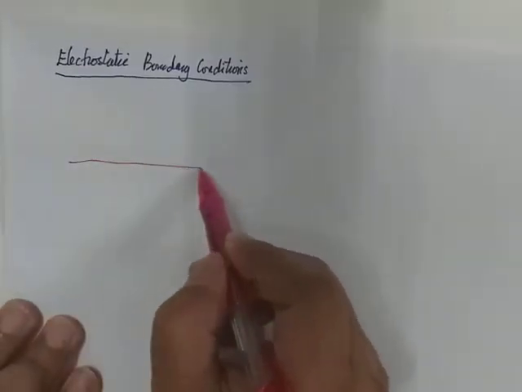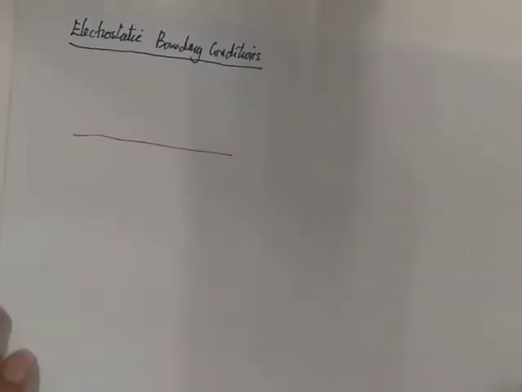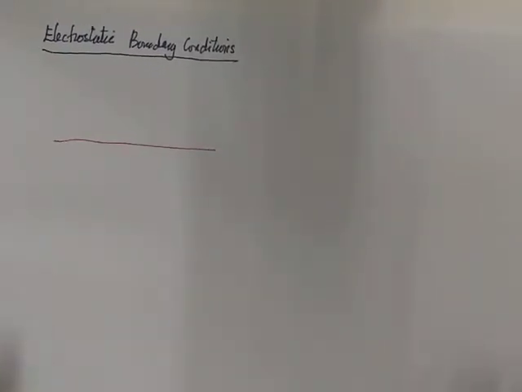So what is the issue now? Let's say you have a boundary. For the sake of discussion, let's say our boundary appears to be flat like this. Smooth, so let's assume something simple here, flat and smooth.